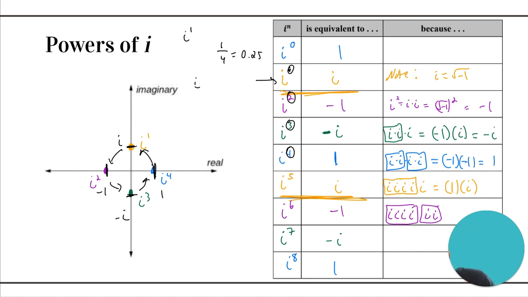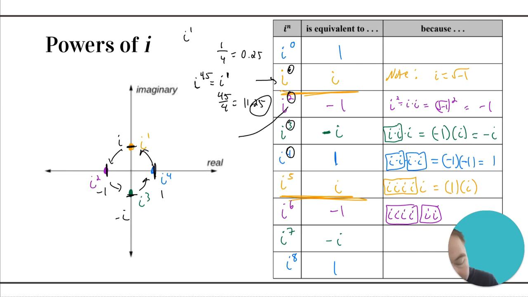For example, let's say we wanted to figure out i to the 45th. If you took 45 and divided it by 4, you're going to get 11.25. Because of that 0.25 remainder, which is like 1/4, that tells you that i to the 45th is equal to i to the first, and so it simplifies to i.